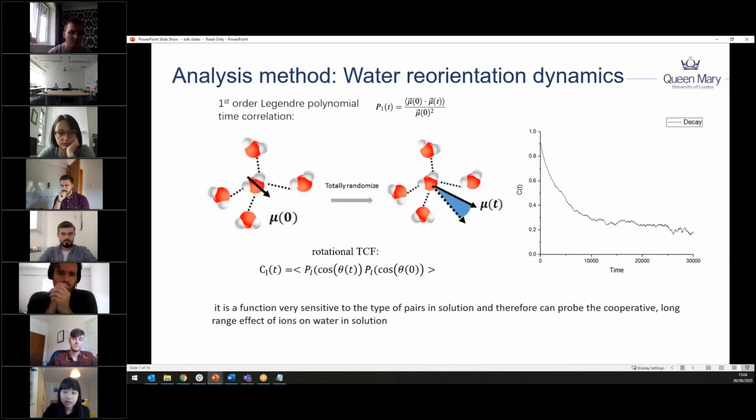The time correlation function starts at 1 and then decays to 0 because of the random and isotropic orientation of the water molecules in solution. We use the TCFs here as autocorrelation functions to get their relaxation times. I will show how these functions are very sensitive to the type of ion pairs. So please go to the next slide.